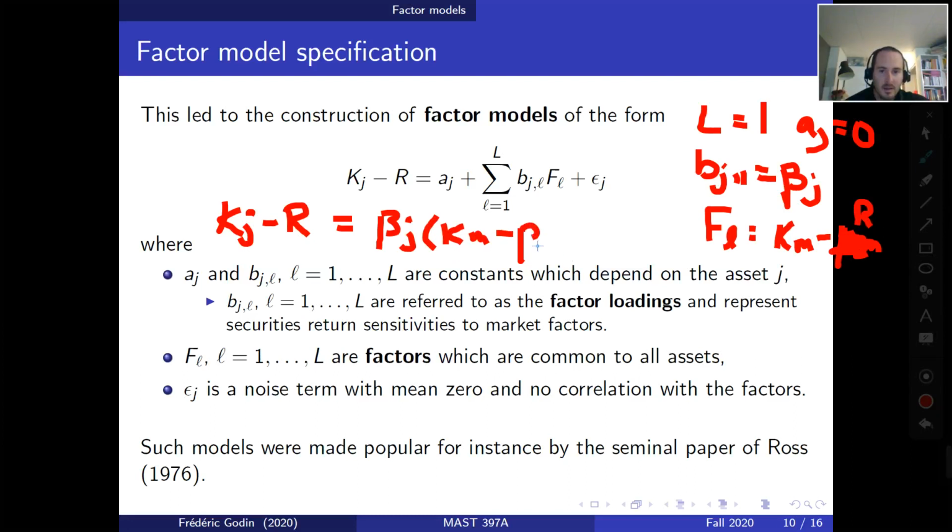So this is R plus epsilon_j. If we make these choices, we obtain this.